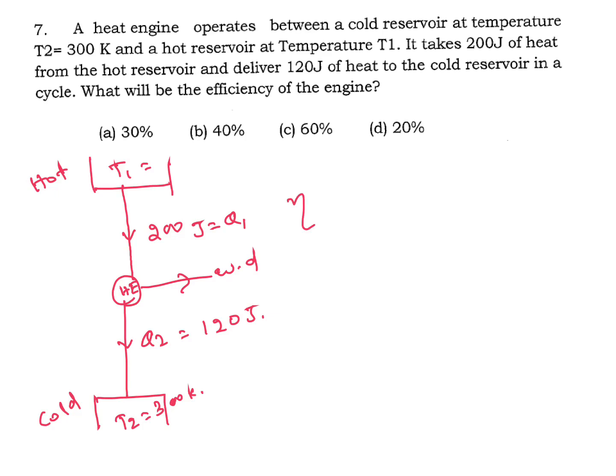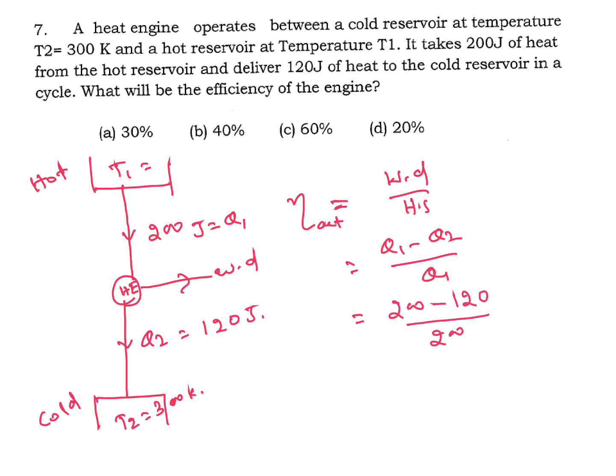Efficiency, actual efficiency we have to calculate. Work done by heat supplied. So work done is Q1 minus Q2 by heat supplied is Q1. 200 minus 120 by 200.